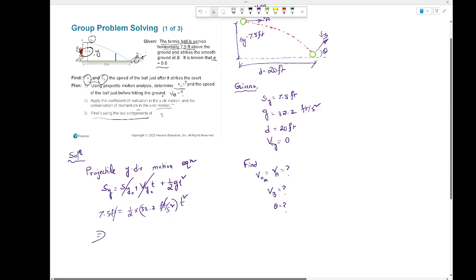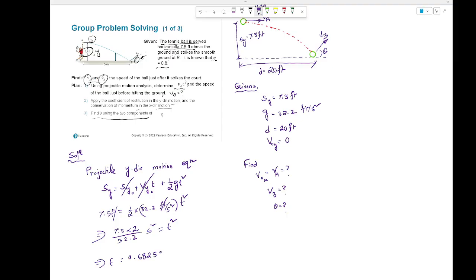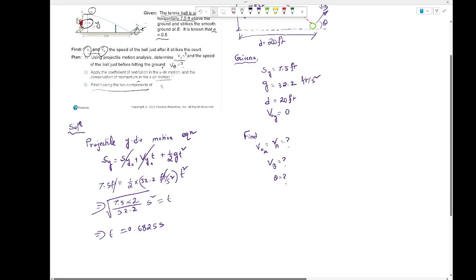You're going to rewrite things, so you'll have this 7.5 multiplied by 2 divided by 32.2, second square equal t square. You're going to do the math, the t value is going to become 0.6825 second. Because this value is in square, so you got to find the value of the t, you got to do what? Square root. You understand? Okay, so that's the value we're going to find.